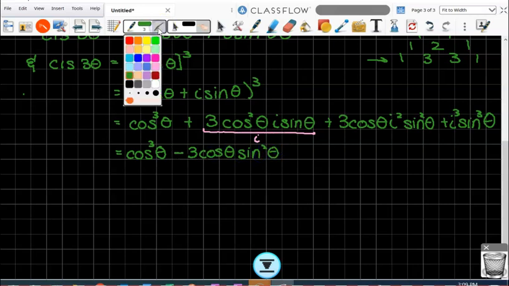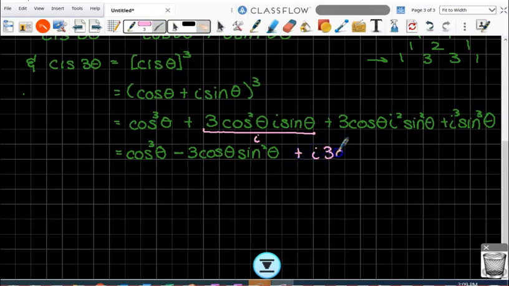And then my imaginary parts become i 3 cos squared theta sine theta, and what's i cubed? It's not -1. So i cubed, do we agree, is i squared times i? i squared is -1, so it's minus i. So that's going to be minus i sine cubed.